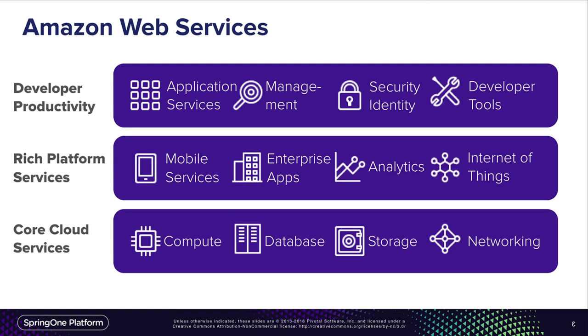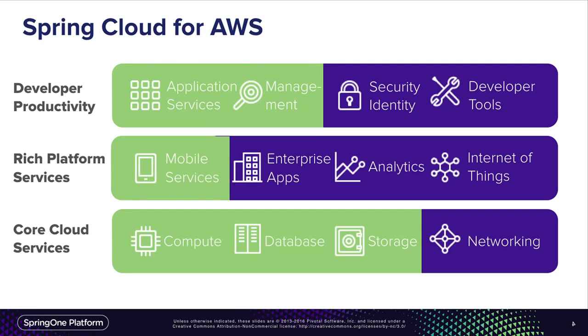I'm talking about how to reuse all those services in this portfolio to write applications. Spring Cloud for AWS is a framework which targets those services as we see here: compute, database, storage, to some degree mobile services, application services, and also management.